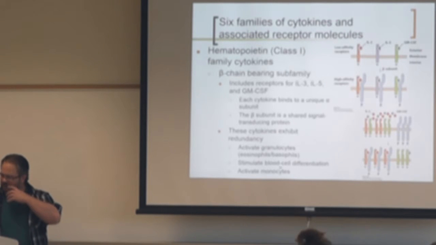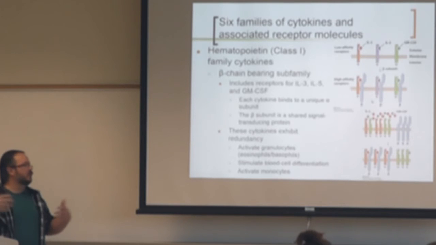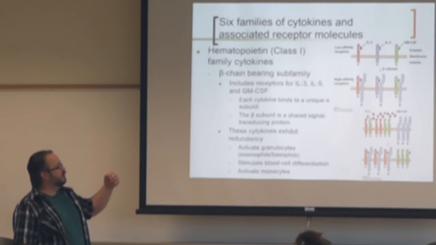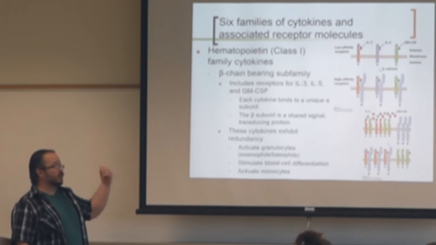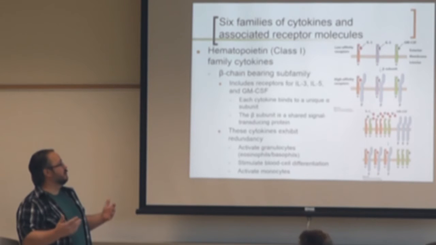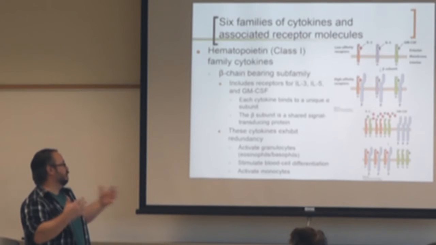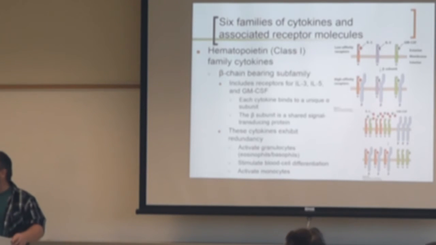The other thing, I can't remember if they mentioned it in the book, but because they share the same beta, if you have two of them, they don't work synergistically per se because the limiting factor is that beta molecule. They're both competing for the same beta, and so you actually can have some suppressive effects if you're trying to get both. So they won't necessarily act synergistically because they're both competing for that same beta molecule. But you can use them almost interchangeably because of that.